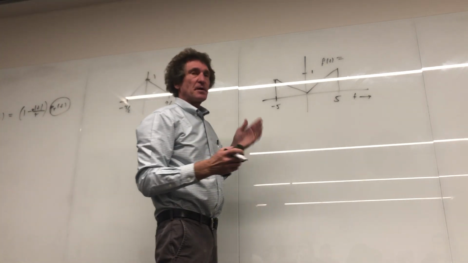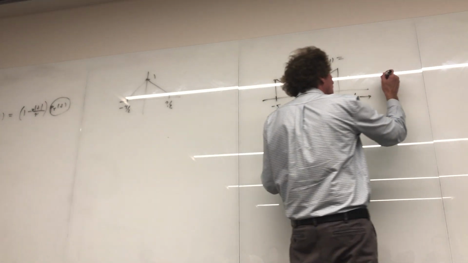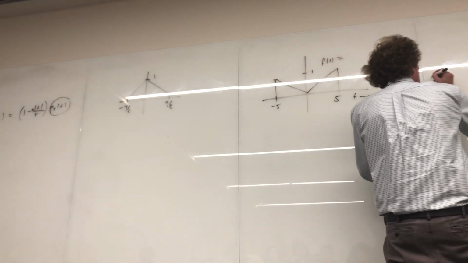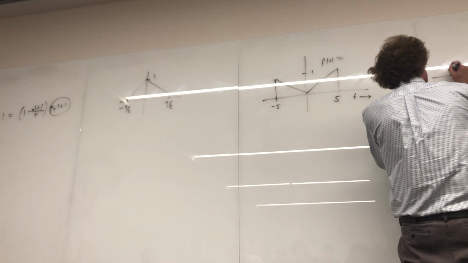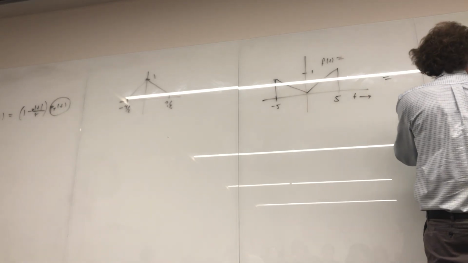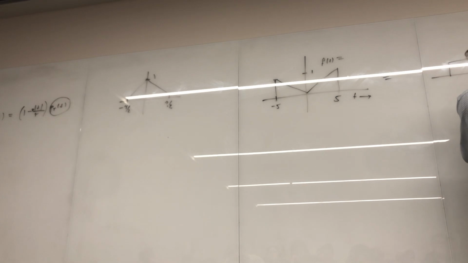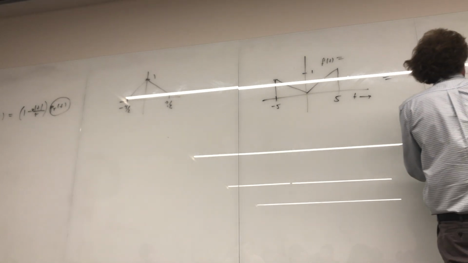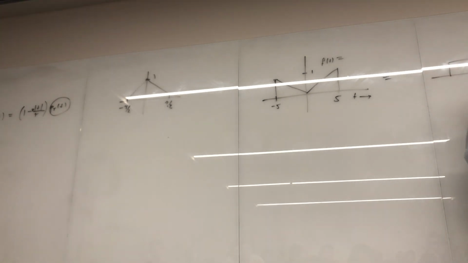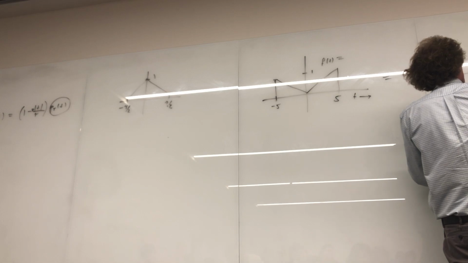It almost looks like a function where I had a square pulse of height 1, and then I'd add to that a function that did this, where this would be minus 1, and these would be the limits 5, minus 5. You all follow me?